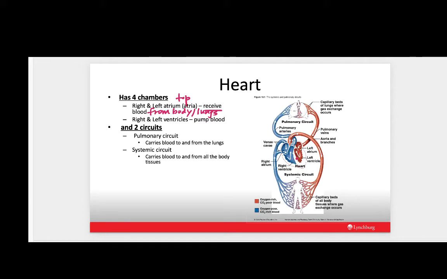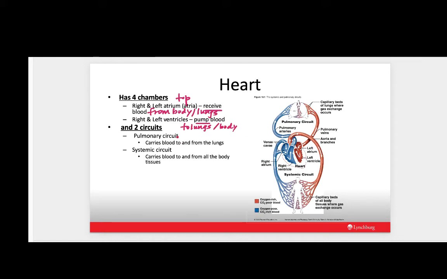Ventricles are the 2 chambers on the bottom, and these are larger and have thicker muscular walls because they are going to pump blood. So the ventricles are the pumping chambers, and they are either going to pump blood to the lungs or the body, depending on which ventricle we're talking about.